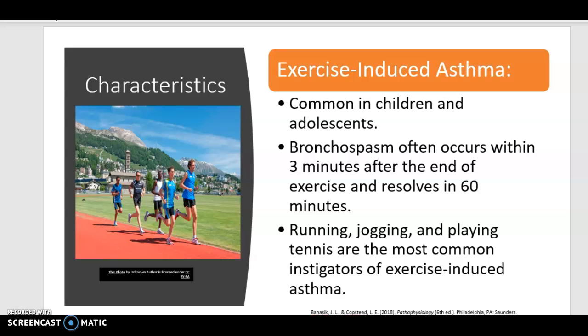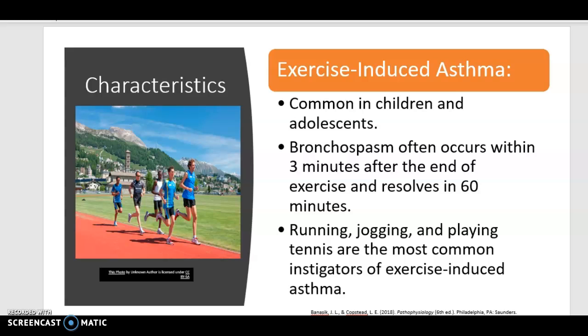Exercise-induced asthma usually occurs within 3 minutes after the end of exercise and can resolve in 60 minutes. Some of the top physical activities that can cause asthma are running, jogging, and playing tennis because of the vigorous activity level.